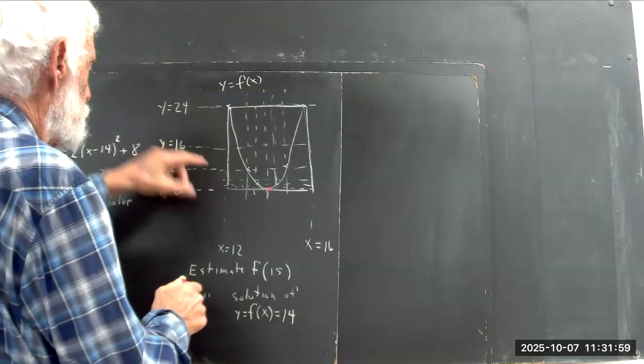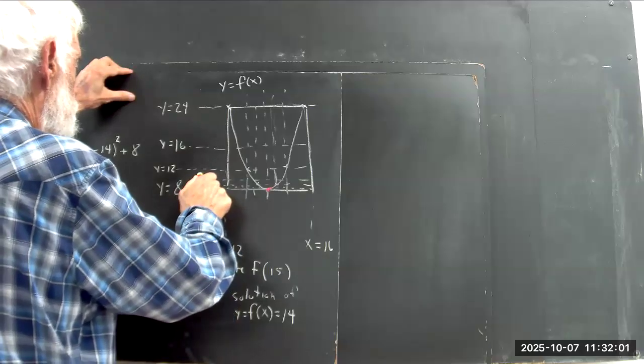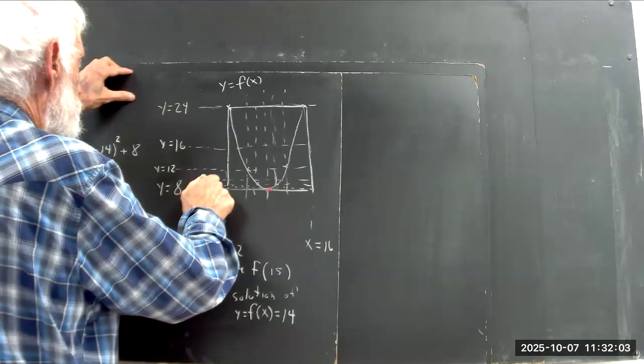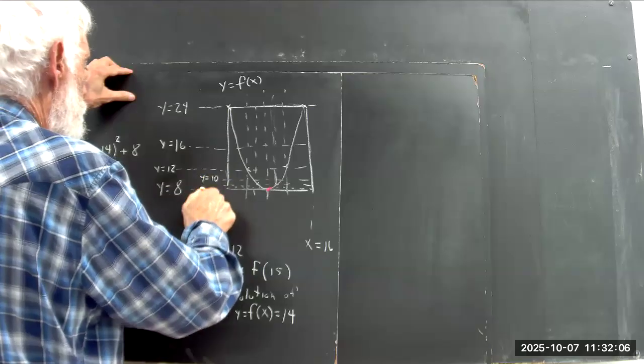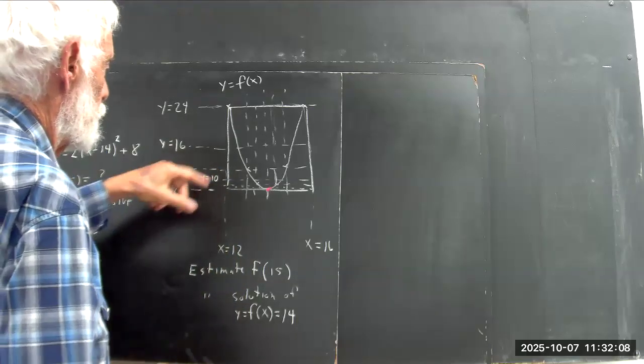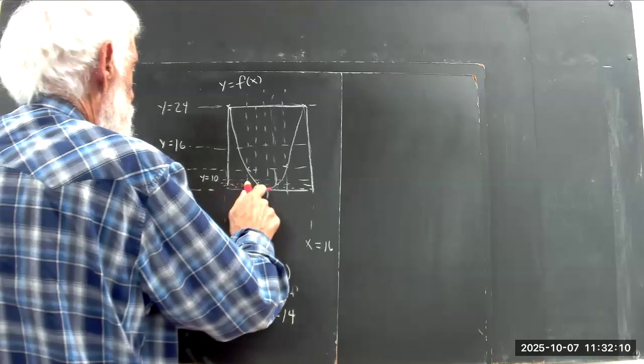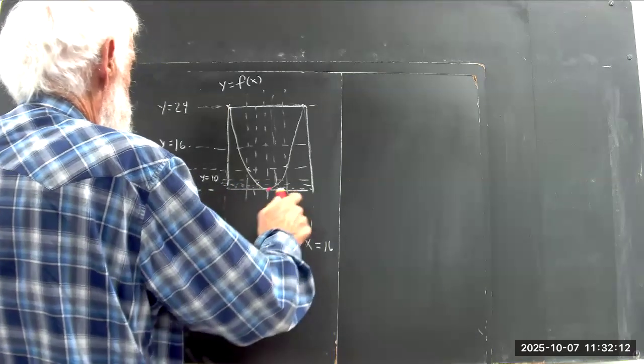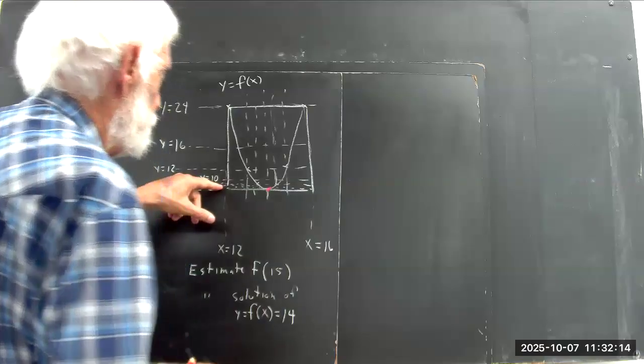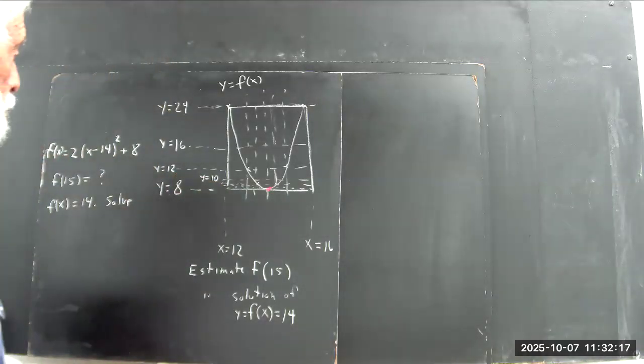Then this line's halfway between 12 and 8, that would be y equals 10. There's 8, there's 10. This line here is halfway between 8 and 10, so this would be y equals 9, and so forth.